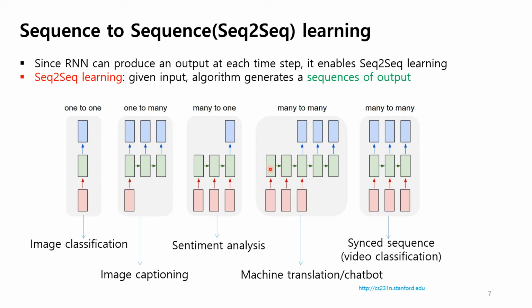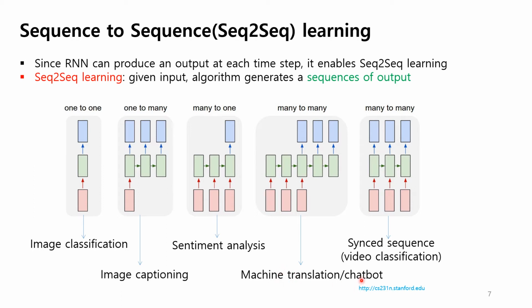Then when the input is done, it starts generating, let's say, Korean. So it reads the entire input, and when the input is done, it starts generating something. A typical example of this is machine translation.